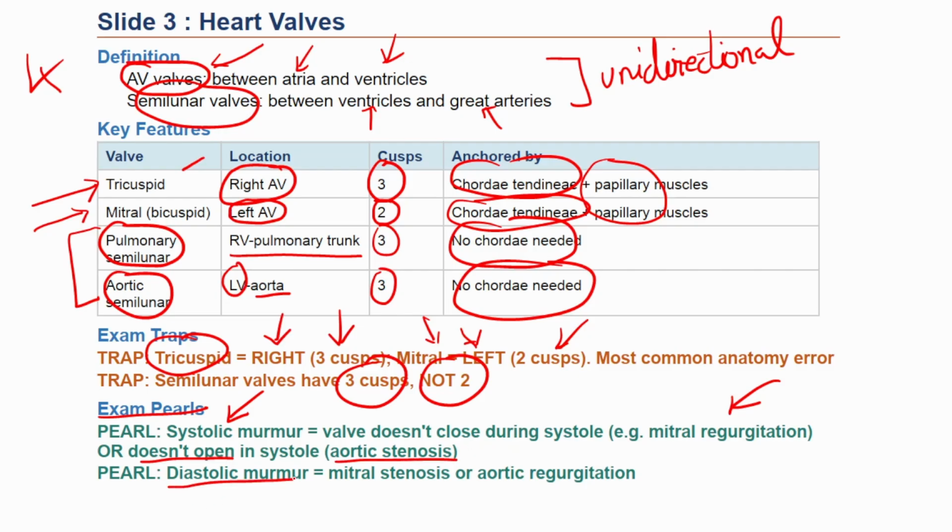And a diastolic murmur occurs during ventricular relaxation and filling. This clinical sound is generated either because an AV valve is narrowed and cannot open smoothly to let blood in, resulting in mitral stenosis, or because a semilunar valve fails to remain closed, causing blood to leak back into the heart, presenting as aortic regurgitation.